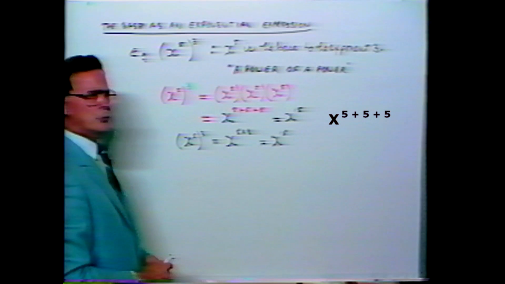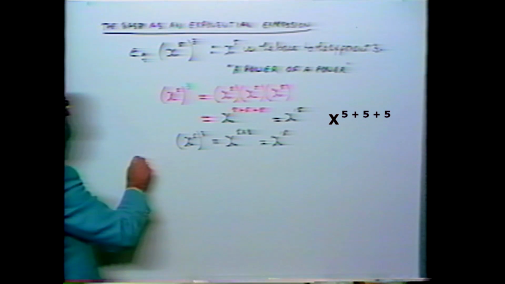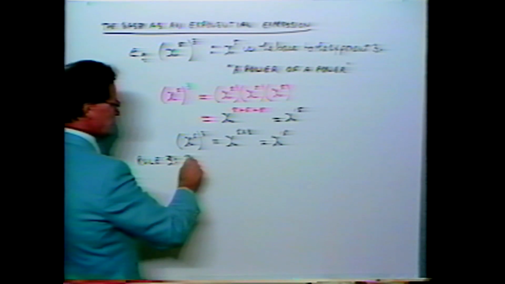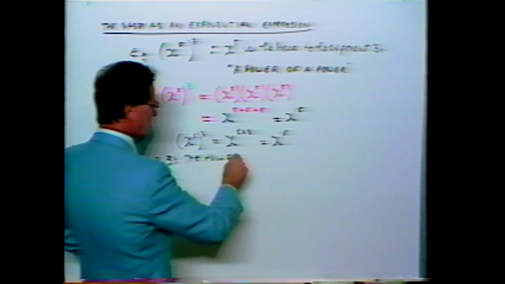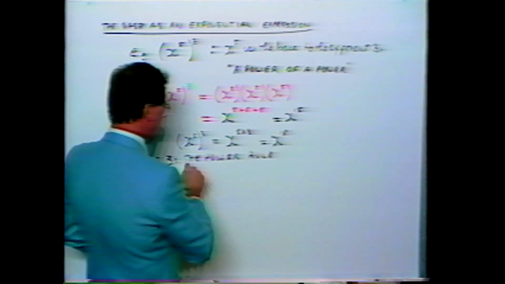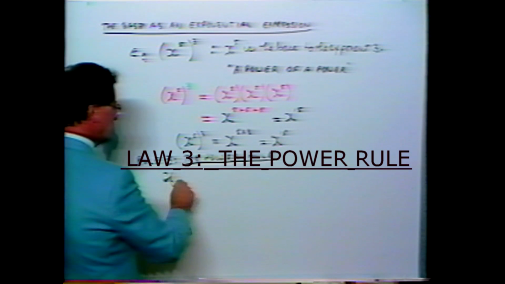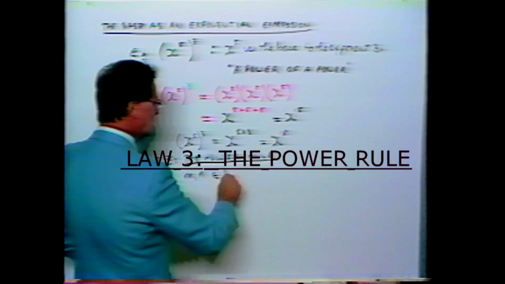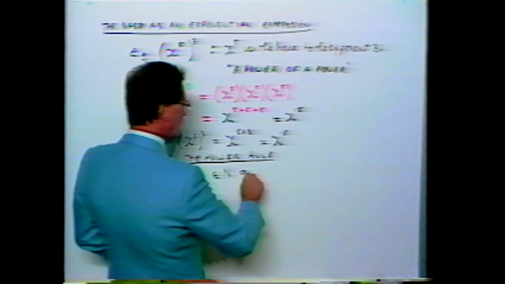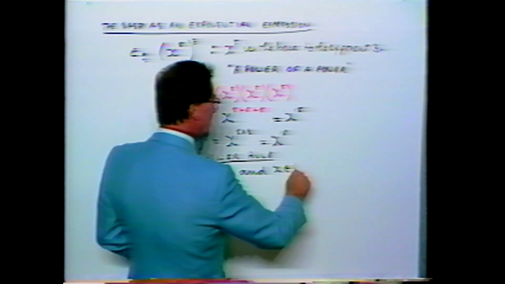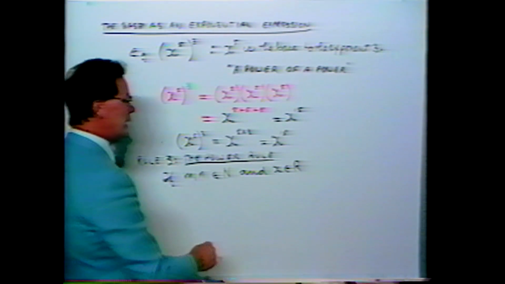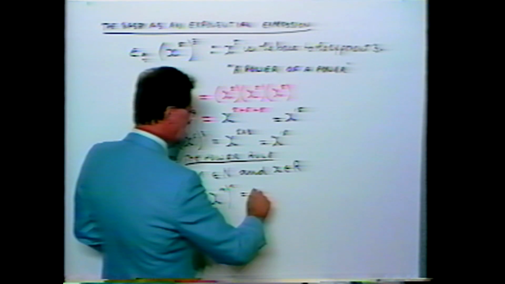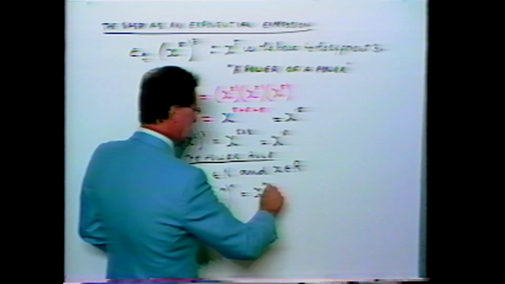So, Rule 3, which we refer to as the power rule: if m, n are elements of N, the natural numbers, and x is an element of R, the real numbers, then x to the m raised to the n is equal to x to the m times n.